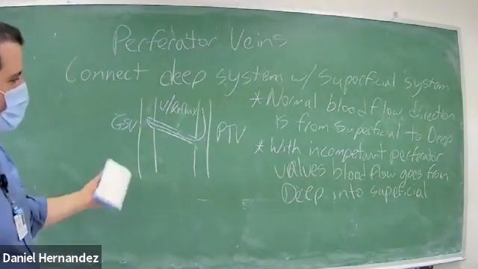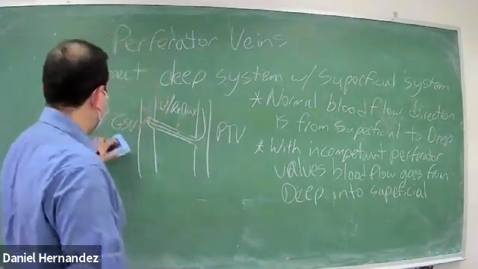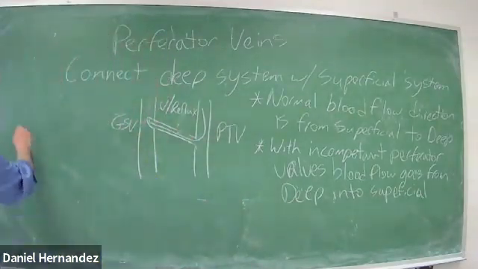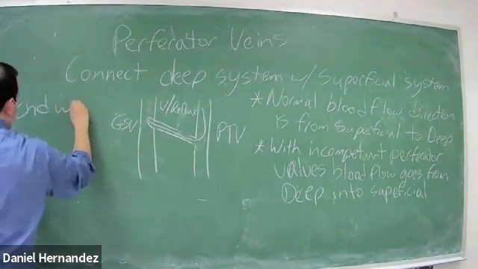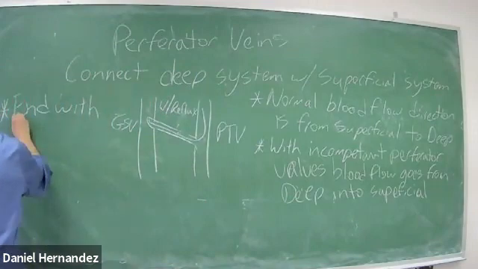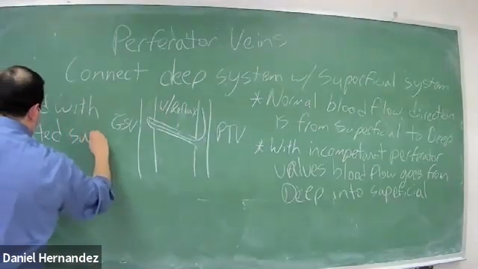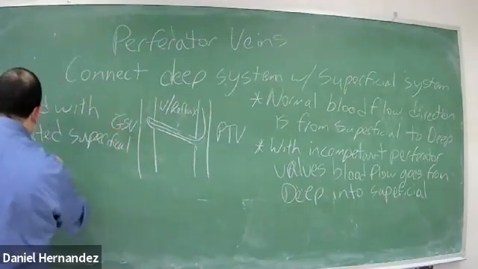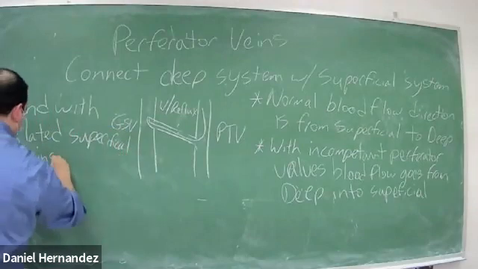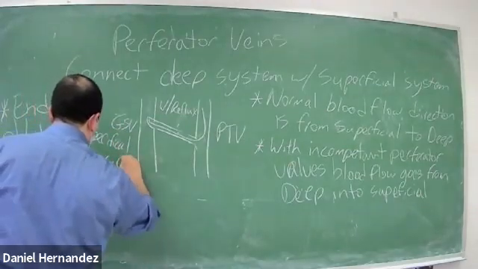And when there's reflux and the valves are incompetent, the blood flow goes from the deep system into the superficial system. And that's why we end up with dilated superficial veins, varicosities.